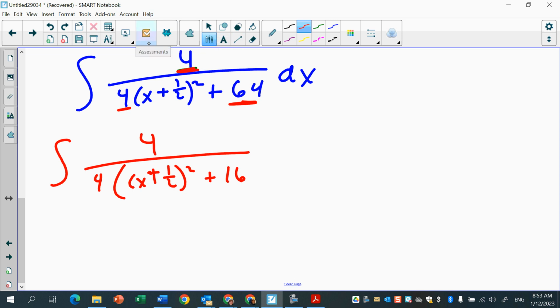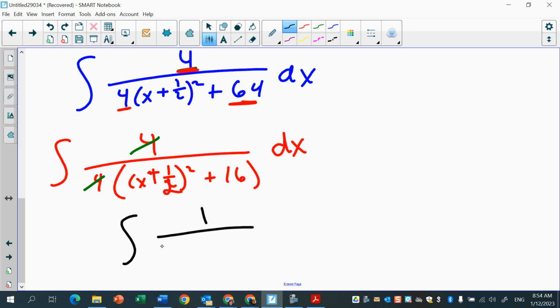No, it is 16. That's my brain today. Now you'll notice, ladies and gentlemen, these 2 cancel out. So now I have 1 over 1 times x plus 1/2 quantity squared plus 16 dx.